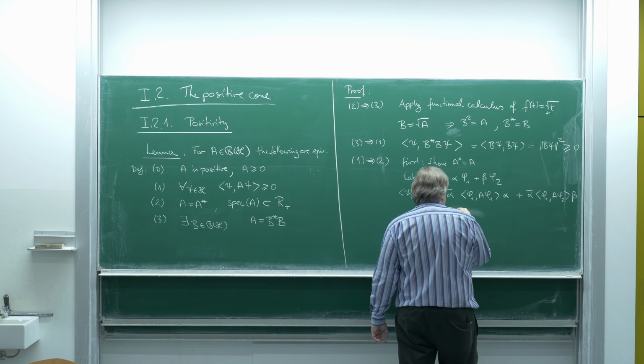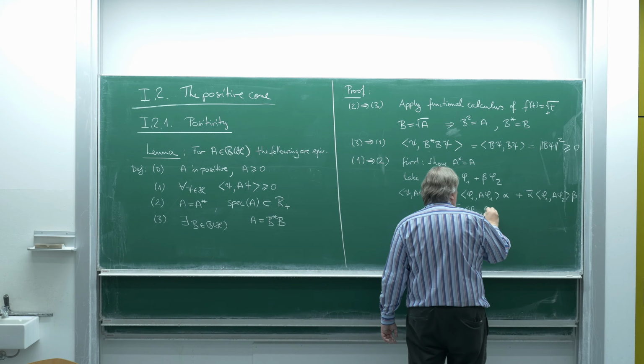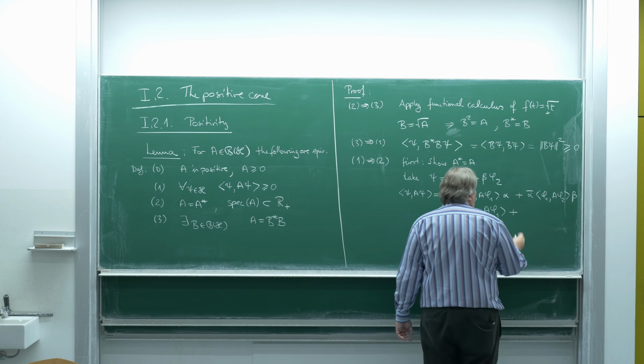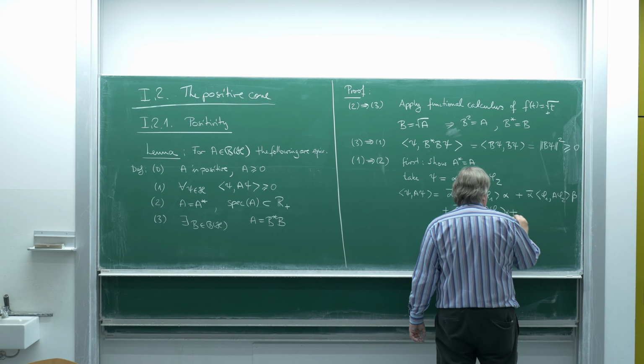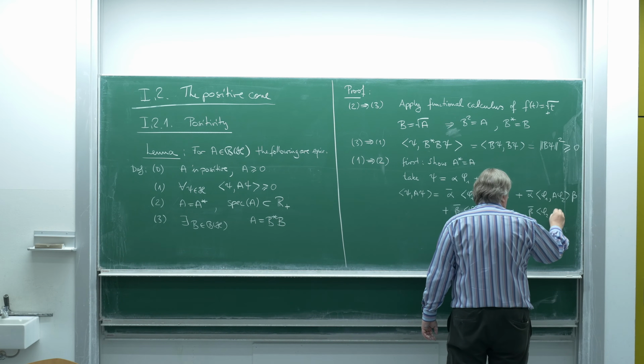No, let me just write it out. Right? So beta bar phi 2 A phi 1 plus alpha times beta bar, everything with the 2.